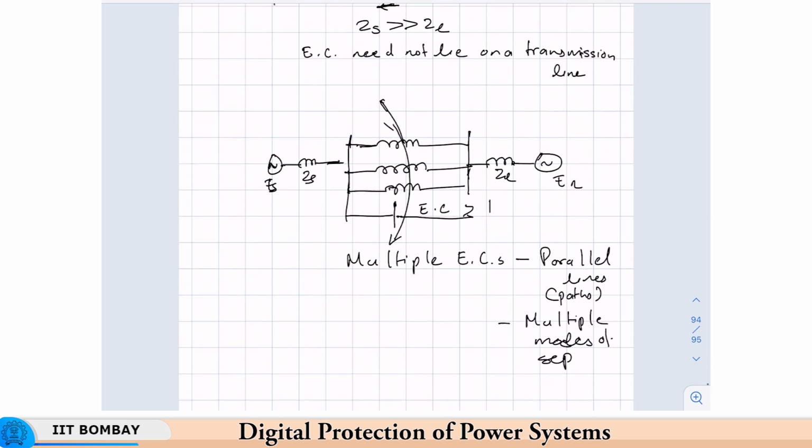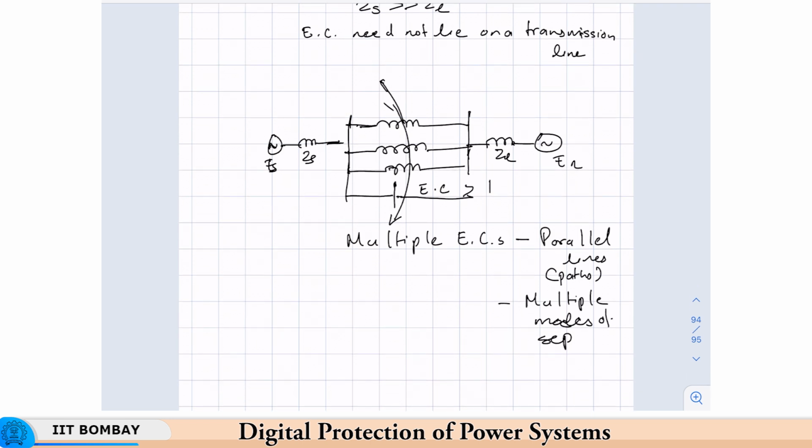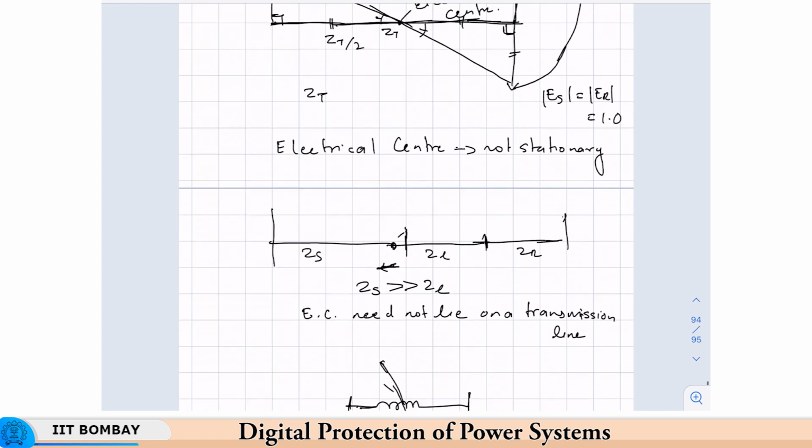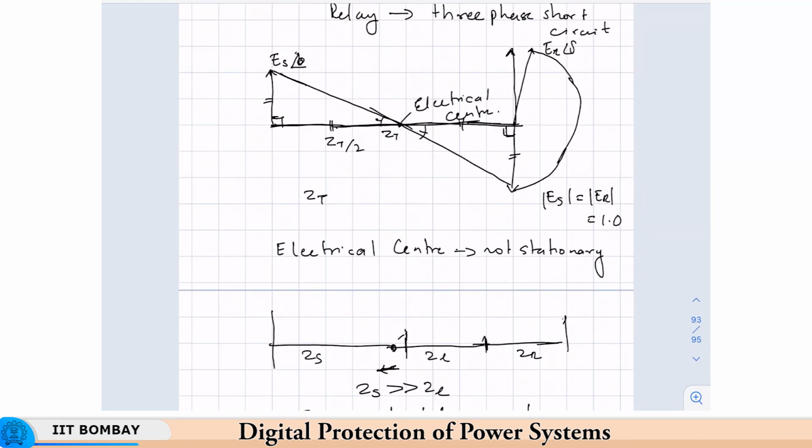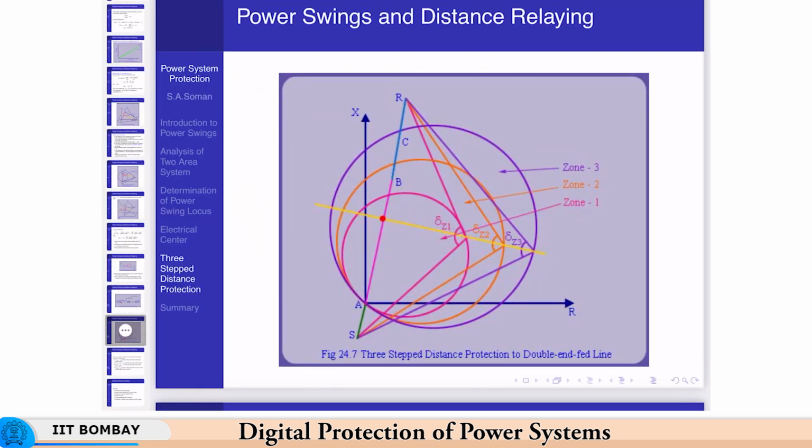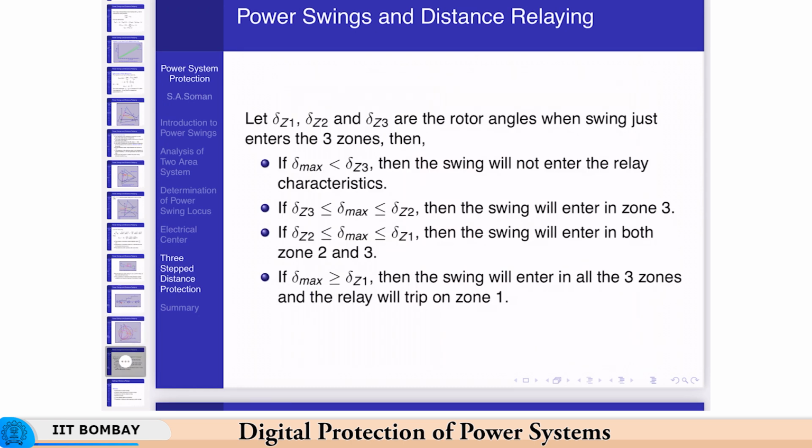Okay. So, now having discussed this, what happens to the relay, that also we saw that it could come into the relay characteristics. And okay. So, now if it enters zone 3, what will be the condition of the locus entering zone 3?